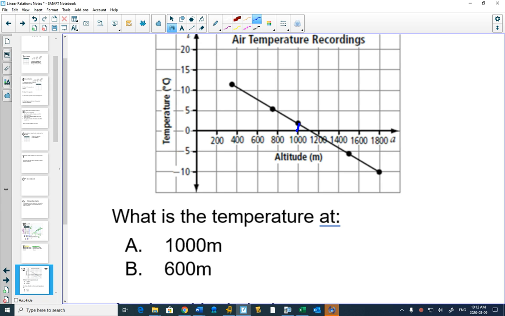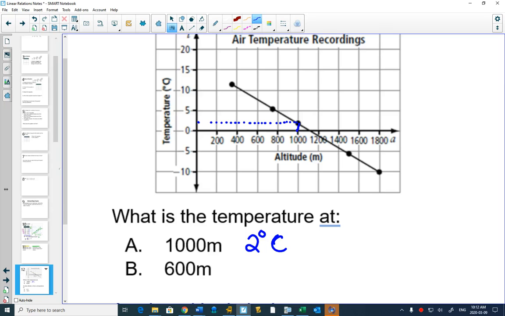You draw a dotted line up to the line, and then you draw a dotted line across. And you use that dotted line. If you have a ruler, it's even better, because it can be perfectly straight. What do you think the temperature is there? Looks like 2 degrees Celsius as an estimate.